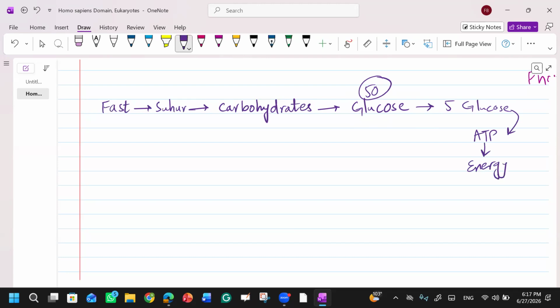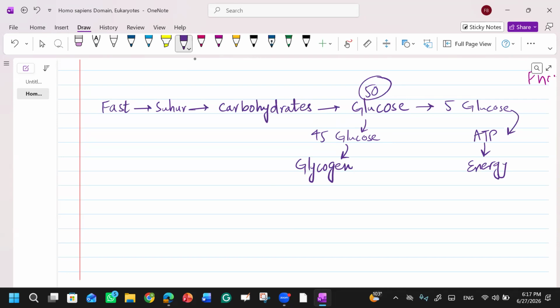Other 45 glucose molecules, I'm just giving you a random example, this is not the actual case, you don't have glucose numbers like this. Other 45 glucose molecules are not needed at the suhoor time. What will happen? They will be stored in your body in the form of glycogen, stored for Maghrib time.